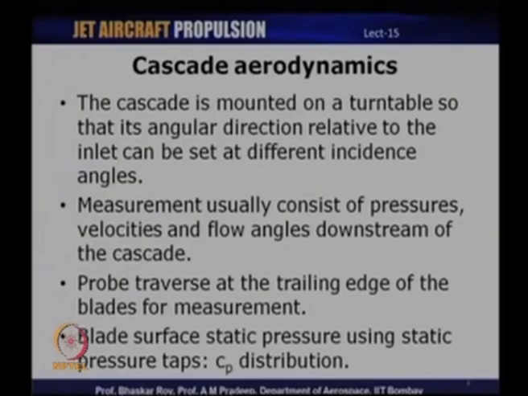And on the blade surface, what we basically measure are the static pressures on both the suction surface as well as the pressure surface. When these cascade blades are manufactured, they usually have pressure tabs embedded on the blade.